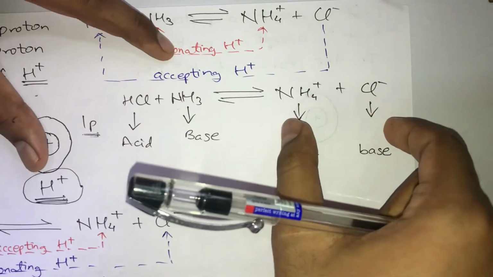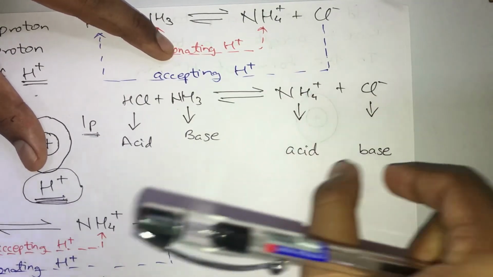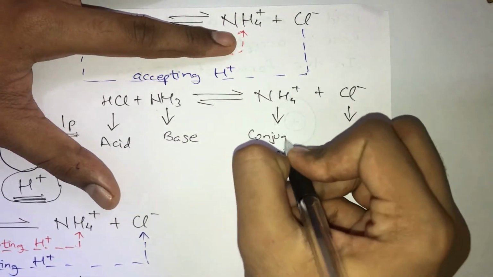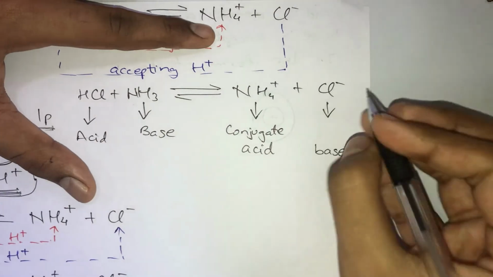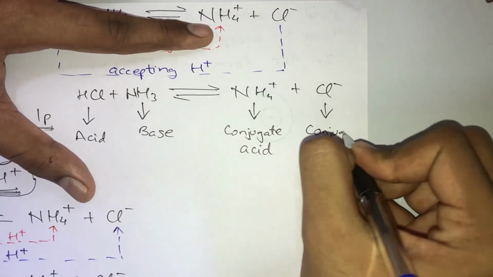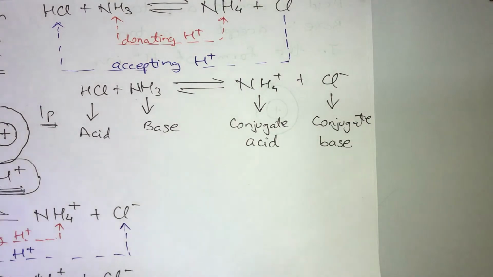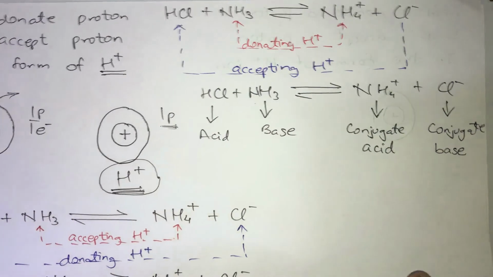Now on the product side, we do not directly write acid and base. Instead, we write conjugate acid and conjugate base. Now why do we write so? Make an observation over here.